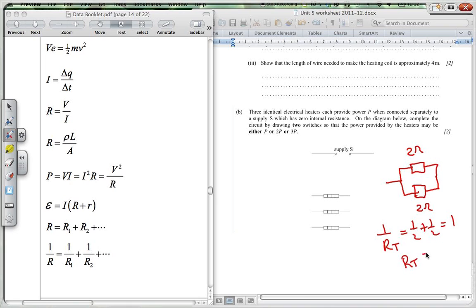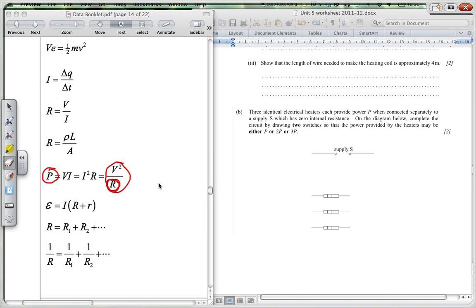So the total resistance is equal to 1 ohm. So basically you're halving your resistance when you're putting them in parallel. And because P is equal to V squared over R, when I halve my resistance, it's an inverse relationship, I actually double the power. So we're going to be using that fact in solving this.